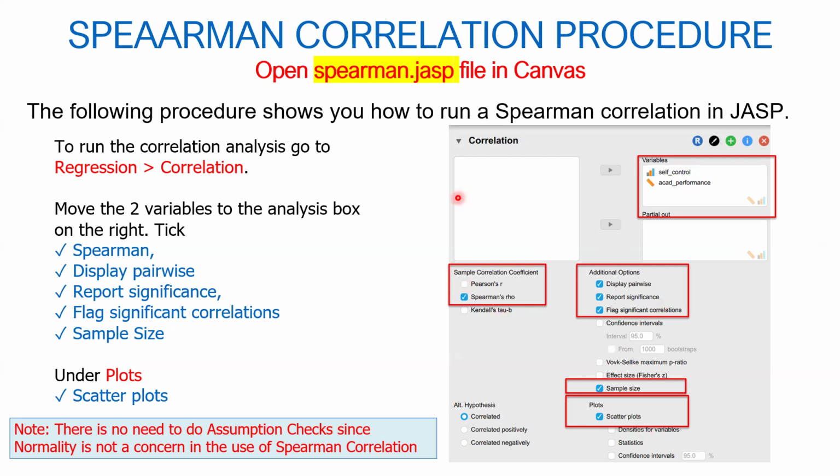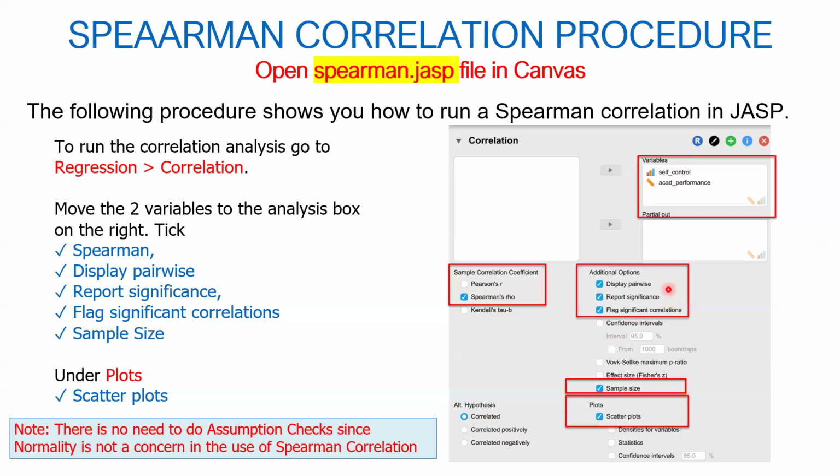Here, from the same window, you need to tick, especially under sample correlation coefficient. Basically, what will change is we will choose Spearman's rho instead of Pearson's r, which we did when we were running the Pearson correlation. The other parts that you see here will be similar to what we had in the Pearson correlation.